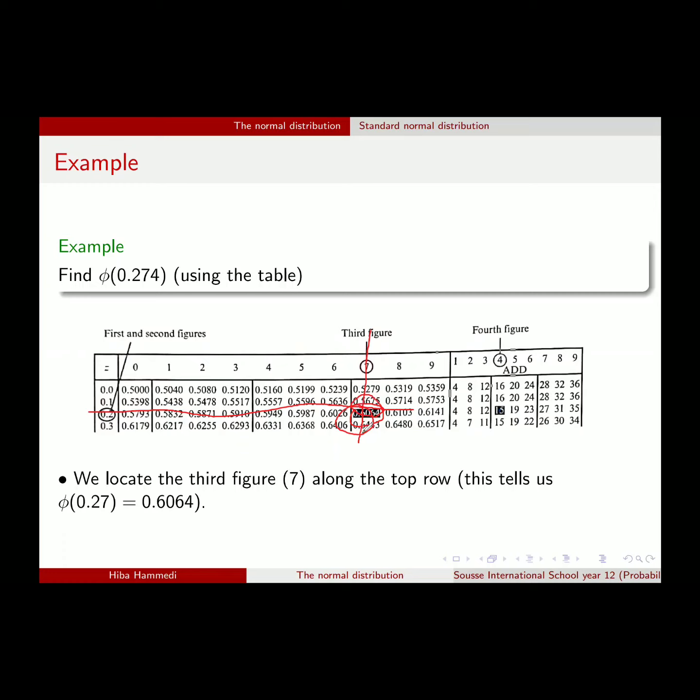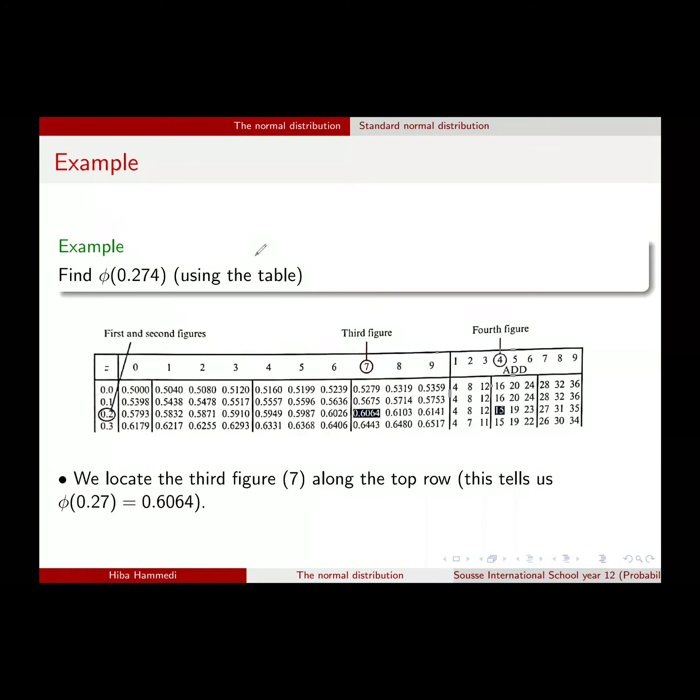So it's 0.6064. Now I have the value here, and that value tells me that it corresponds to phi of 0.27 here.